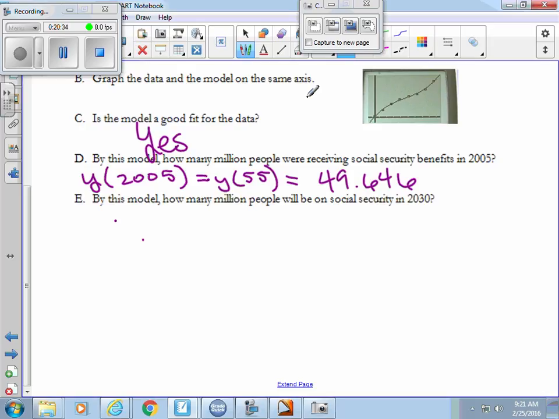Did everyone get my answer? Yeah. So I bet you have one decimal off on your data, and that's making your answer off. That's why you always use correct data. But it's so close, it's got to be something tiny. And what do I do to find 2030?